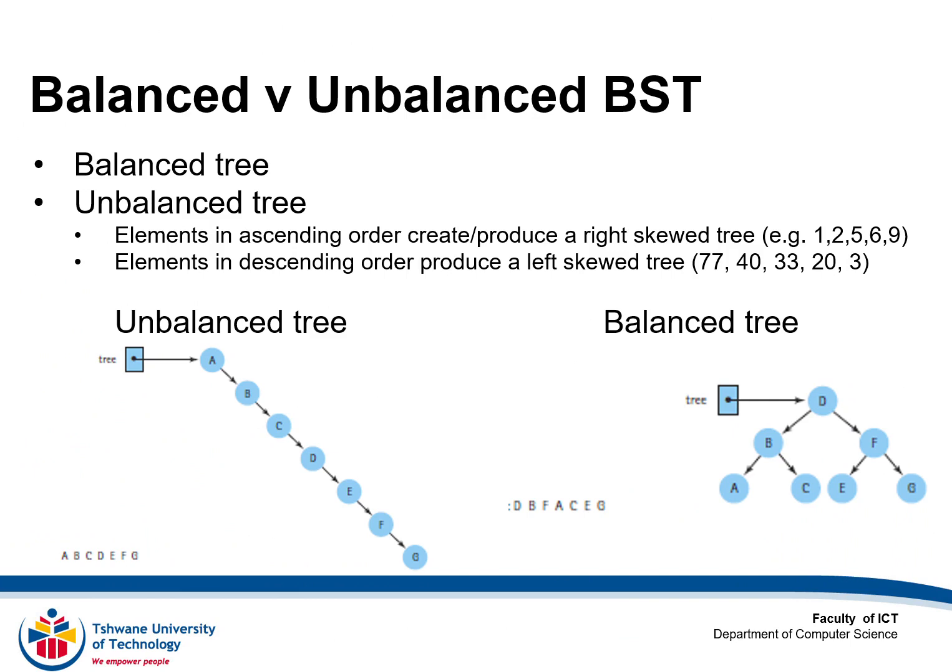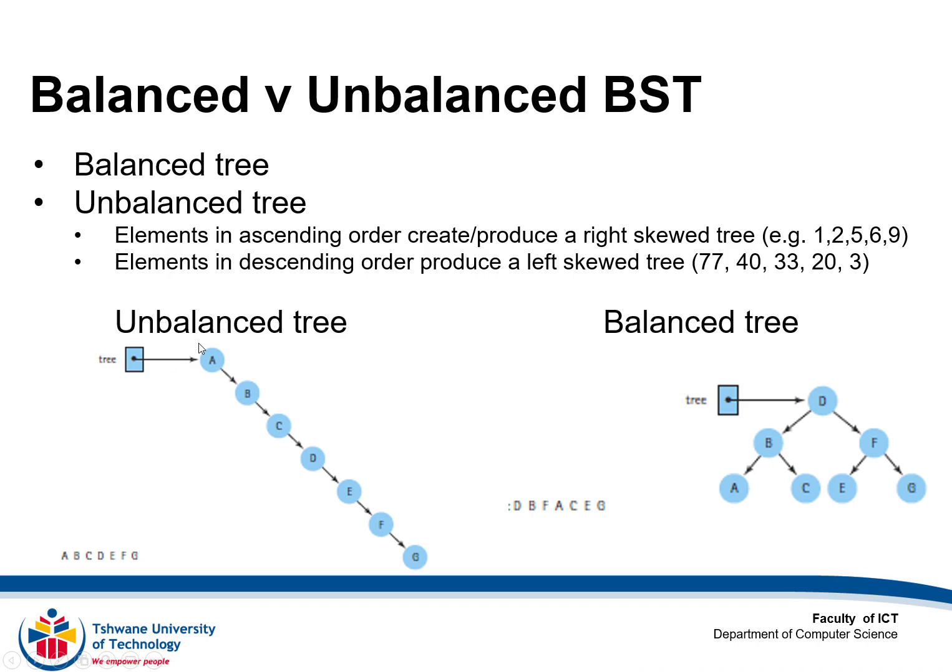Where does one get to such a situation? Where you find yourself, for instance, with ordered elements in ascending order, you'll end up with a tree similar to the one at the bottom left, where you have a right skewed tree. Whereas if the elements are in descending order, you'll have a left skewed tree.